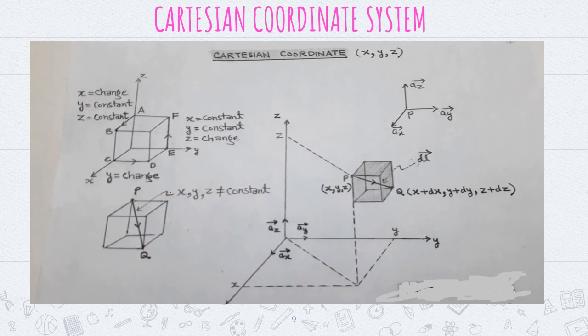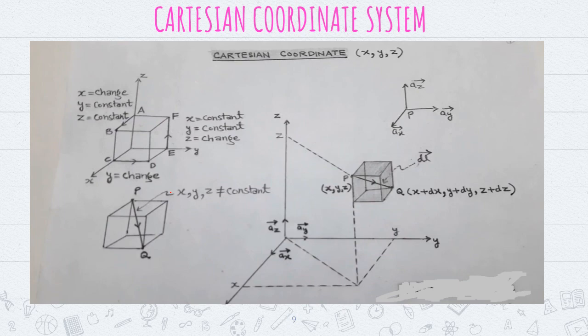Now, here I am going to teach you the sides of the Cartesian coordinate system first. There are three sides of the Cartesian coordinate system. The first one is dx.